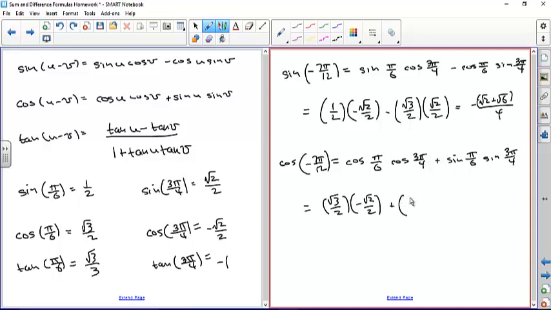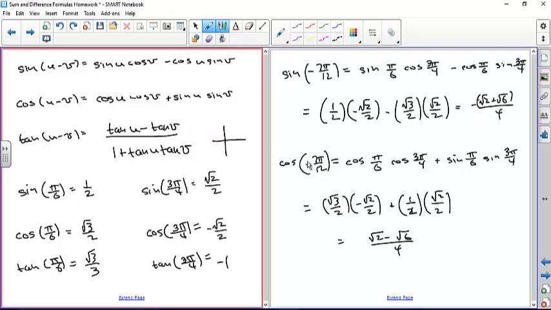Sine of pi over 6 is a half. Sine of 3 pi over 4 is the square root of 2 over 2. So what I get is the square root of 2 minus the square root of 6 over 4. So this is negative, and negative 7 pi over 12, where is that? Well, 6 pi over 12 is negative pi over 2, so it should be right here. So we should have both negative sine and cosine, which we do.